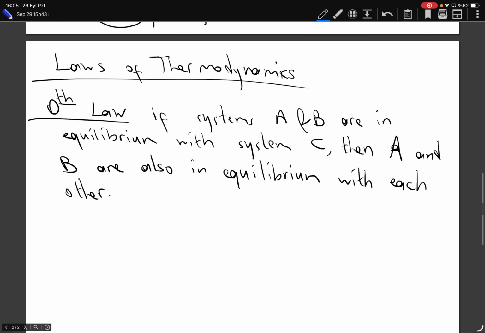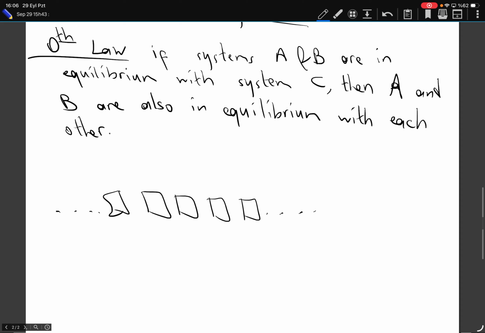How does it tell me that it defines a quantity called temperature? Well, let's imagine many systems that are not in equilibrium with each other. If you give me a system A, I can just look at which of these systems it's in equilibrium with.